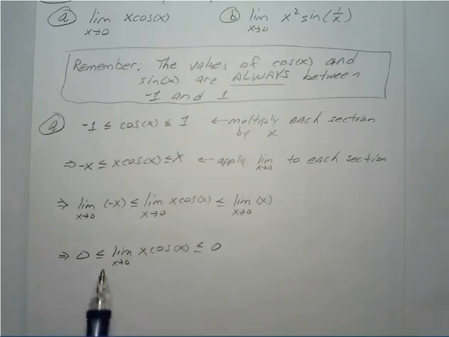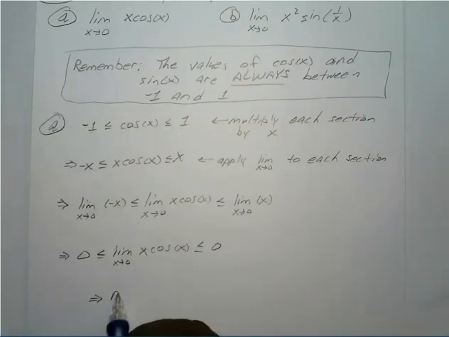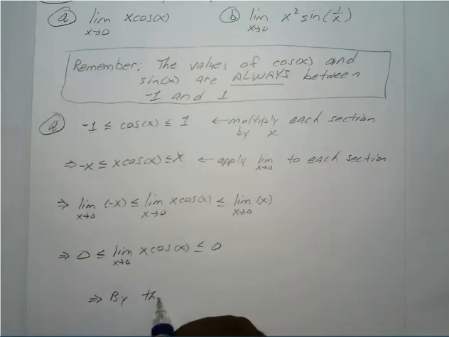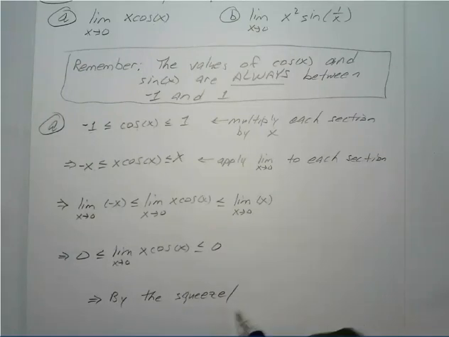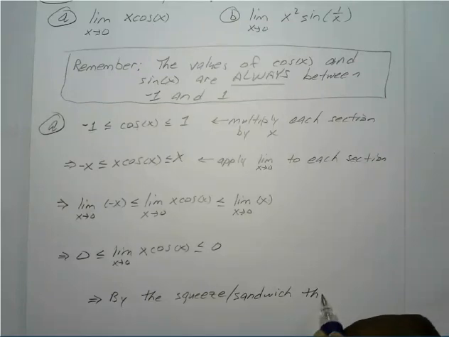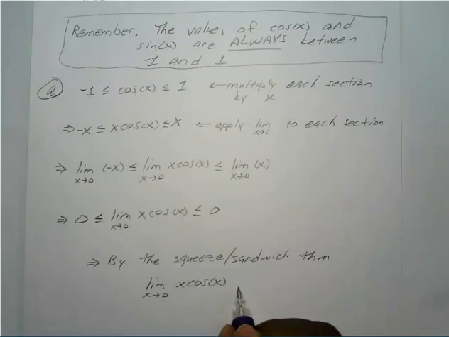If the limit below it is 0 and the limit above it is 0, then sandwiched in between, that limit is also 0. So by the squeeze/sandwich theorem, the limit of x cosine of x as x approaches 0 is equal to 0.